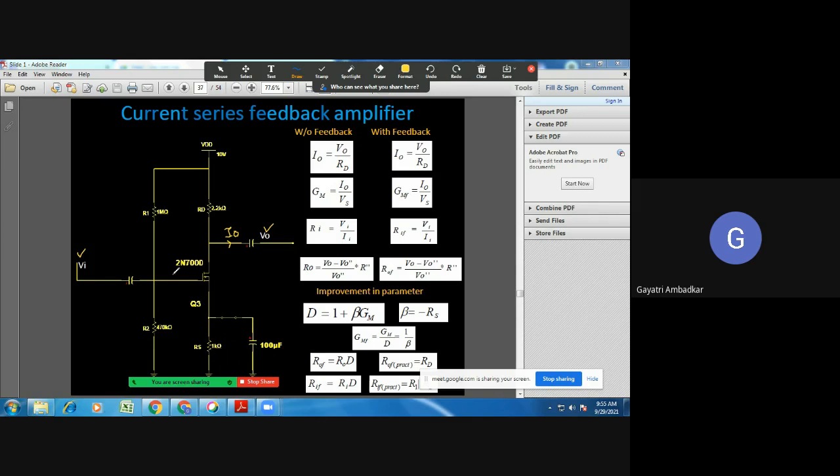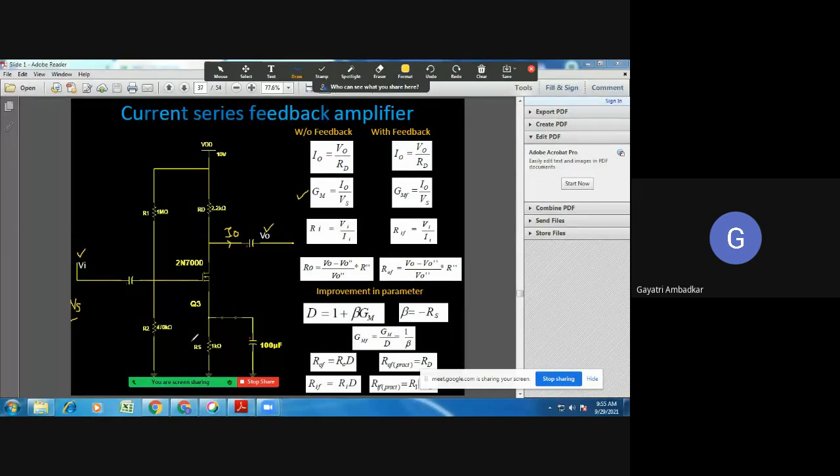The signal voltage you have applied is Vs. So if you want to write the expression for transconductance, it will be output current upon input signal voltage, IO by Vs without feedback. And this is also IO by Vs with feedback, because I am showing only this signal.